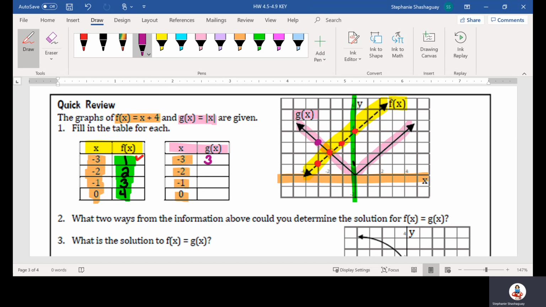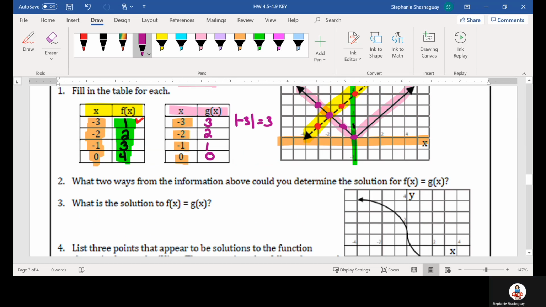When I look at -2, my y value is 2, which makes sense because the absolute value of -3 is equal to 3. Remember, absolute value is just the distance from 0. So it's always going to be a positive number because your distance is always positive. So at -1, I'm at 1, and 0 is 0.